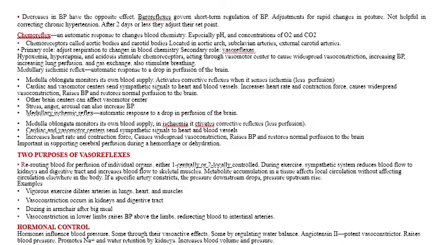So there are two purposes of vasoreflexes. The first is rerouting blood for perfusion. These vasoreflexes allow blood to perfuse locally to certain areas that demand blood, either centrally or locally.